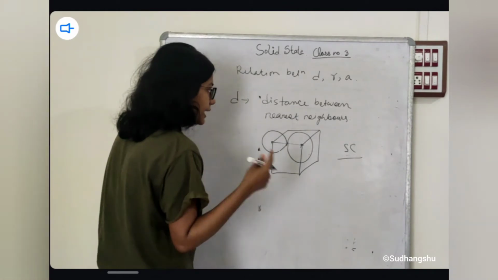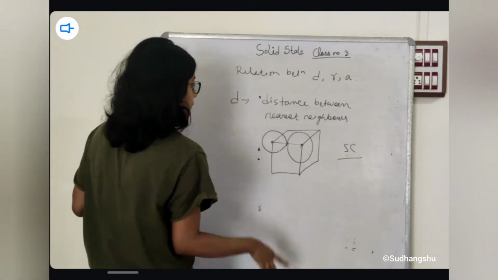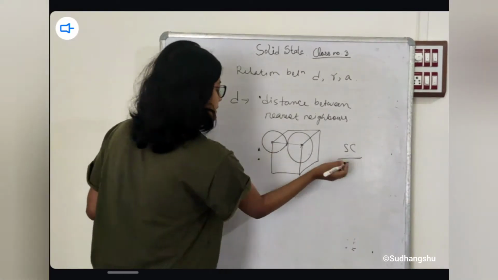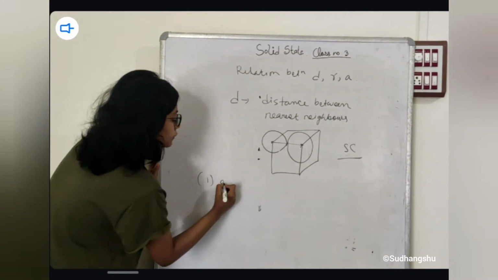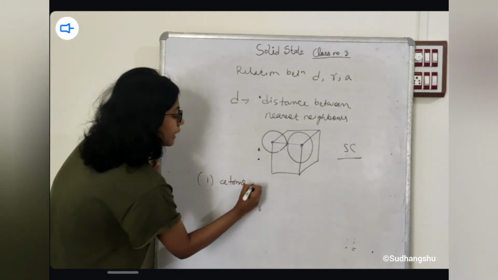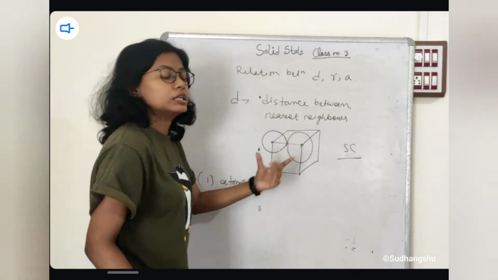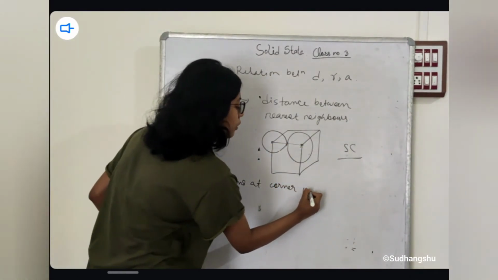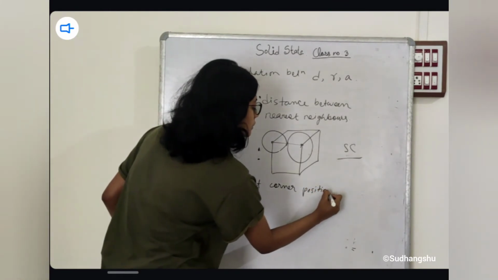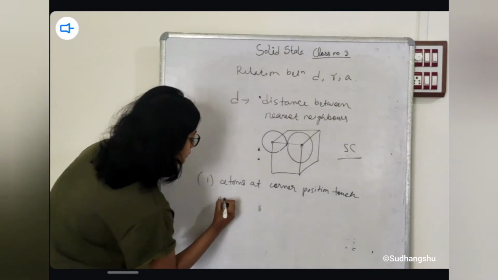Before that, we will discuss another thing. For a simple cubic cell, remember one thing: simple unit cells only have atoms at corner positions. So atoms at corner positions touch each other.